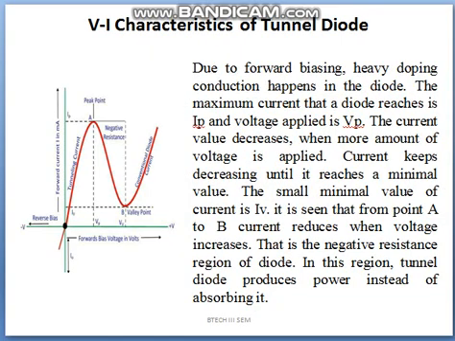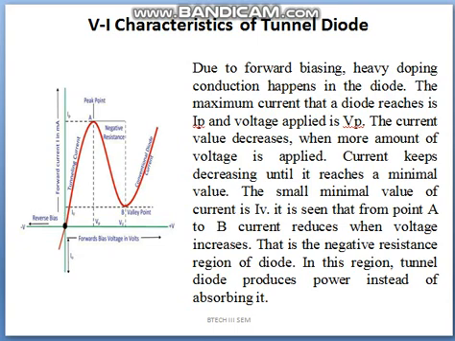Now we discuss the VI characteristics of the tunnel diode. Due to forward biasing and heavy doping, conduction happens in the diode. The maximum current that the diode reaches is IP, that is the peak current, and the voltage applied is VP, that is the peak voltage. The current value decreases when more voltage is applied.